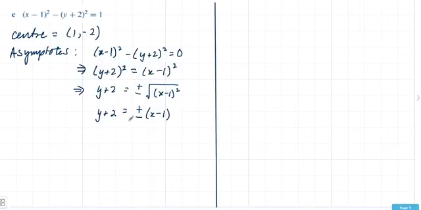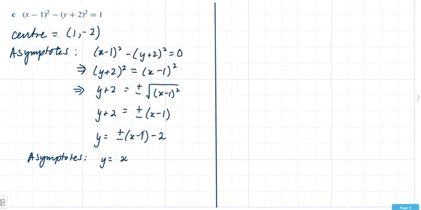We've got two cases here. I'm just going to solve this for y, plus or minus x minus 1. This will be a -2 over here. So the two asymptotes are going to be y equals, let's do the plus first, x plus a -1, that's -1, and then take away 2. That's going to be x take 3. The other version is the negative version.